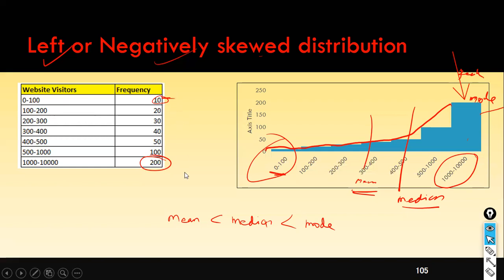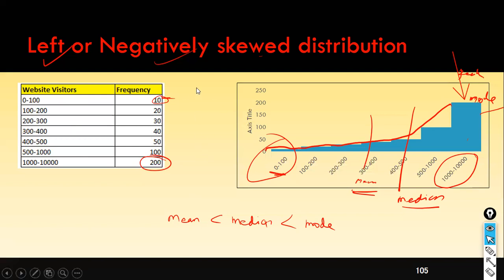And then you need to add all the values. For each interval, you find the midpoint, multiply it by the frequency, and add all the values. If you add all the values, you will get the total weighted sum. Then you take the total frequency, which is 450.